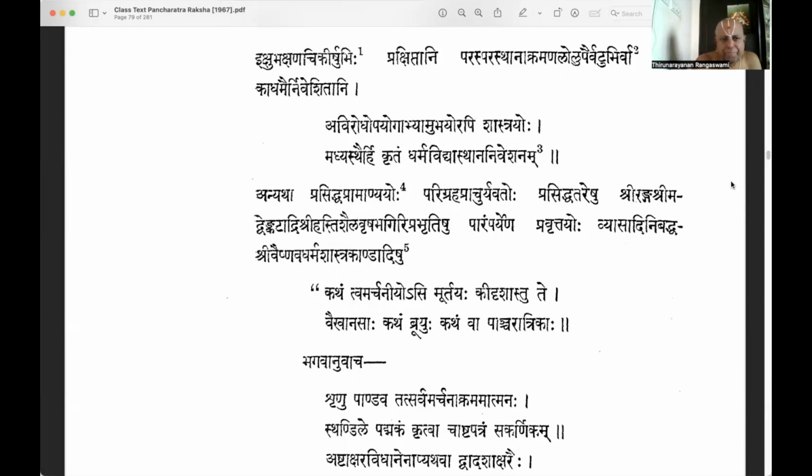How are they? They are only interested in eating sugarcane. Ikshu bhakshana chikirshubi. Ikshu, sugarcane. Meaning, they want sweets. Again, meaning, they want only the naivedyam, the offerings of food to the god. They are not interested in following the right procedure.